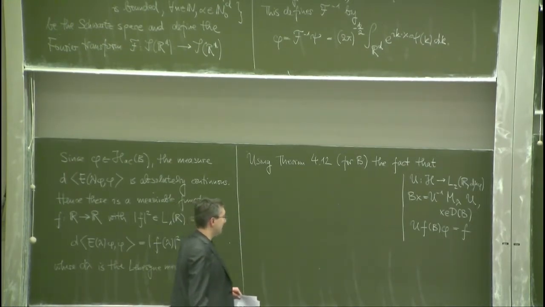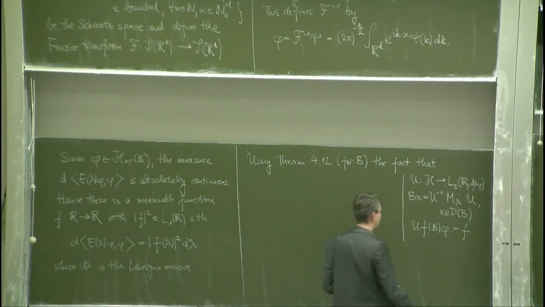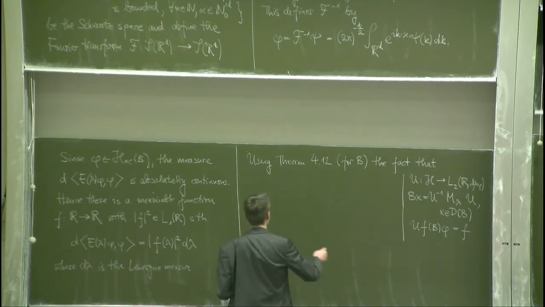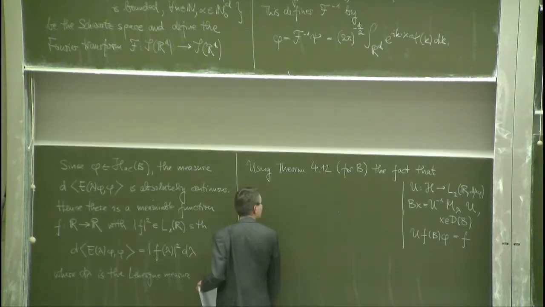And then you see that if we apply this for the function 1, then we have that U phi is equal to 1.